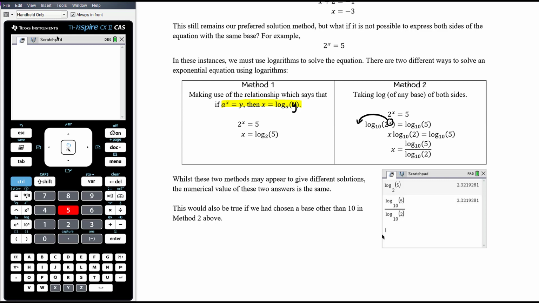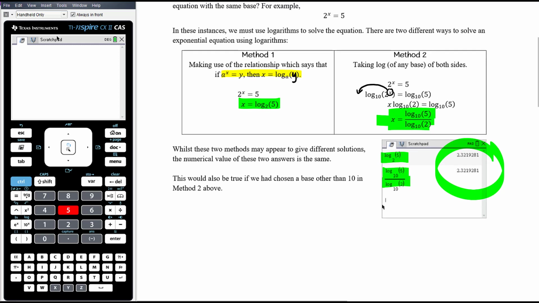Now, you'll see the two different methods gave us two very different looking answers. However, if we type those into our calculator, we see that they give the same value. They actually mean the same thing. So what we're seeing here is that log base 2 of 5 is equal to log base 10 of 5 over log base 10 of 2. That would also be true if we had chosen any base. We could have chosen to use log base 23 if we wanted.